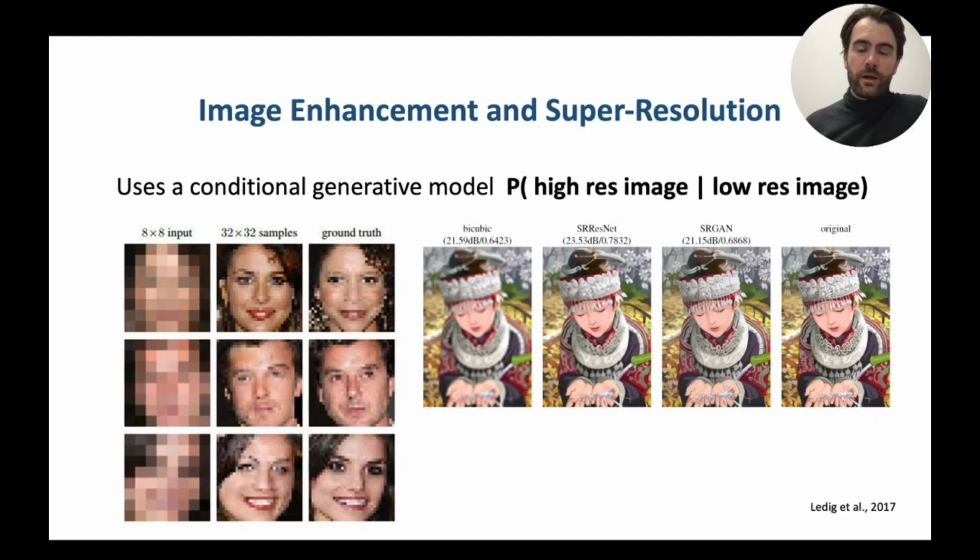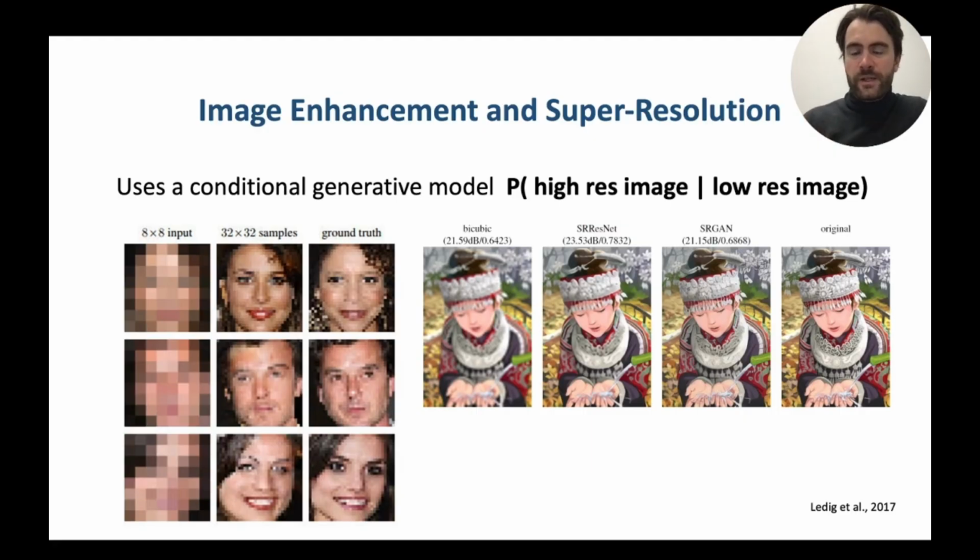So this slide shows an example of a particular signal processing task called image enhancement or super resolution. On the left-hand side, you see that we start with a very pixelated image of a human face, and the model is able to recover, to a pretty good degree, the high resolution face from which the pixelated version was obtained.